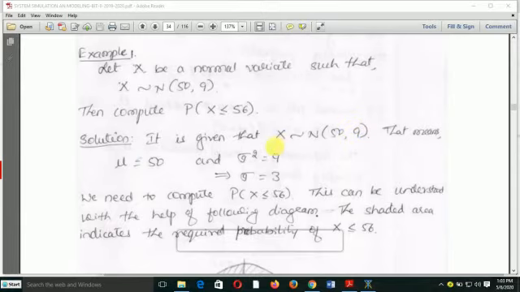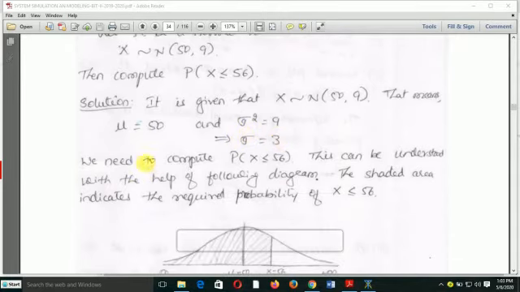So the standard deviation will be 3, because the standard deviation is equal to the root of the variance. As the variance is 9, the standard deviation is the root of 9, which is 3. So we have to compute P(x ≤ 56).